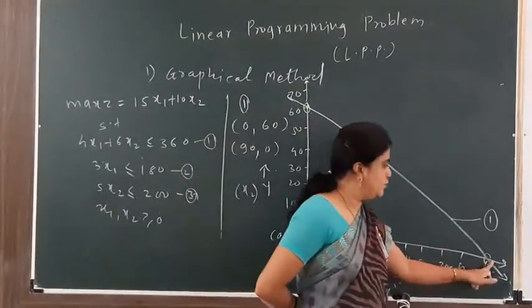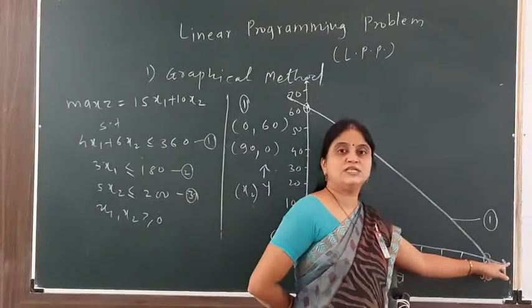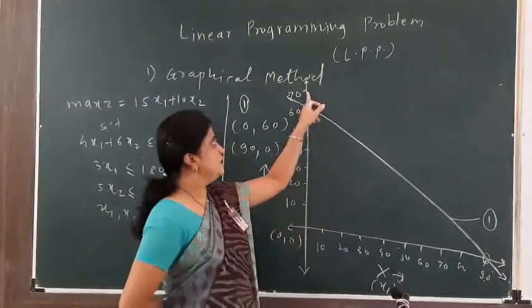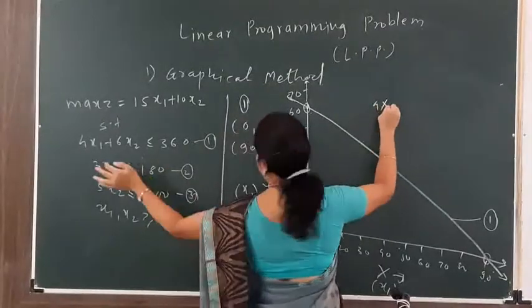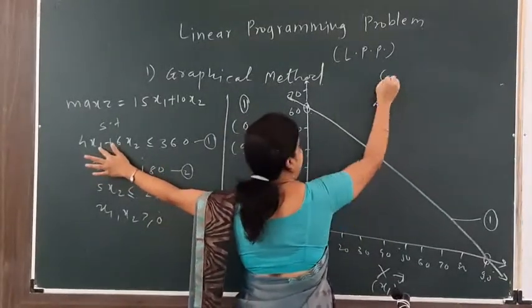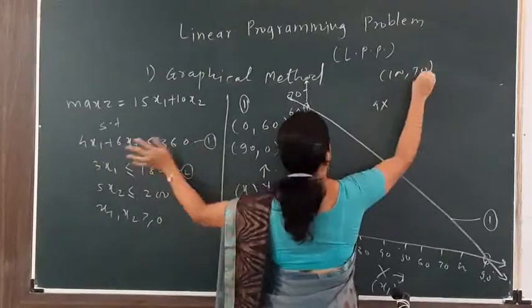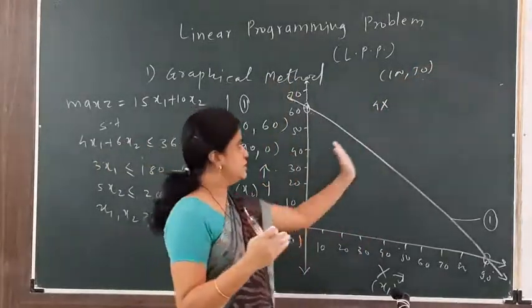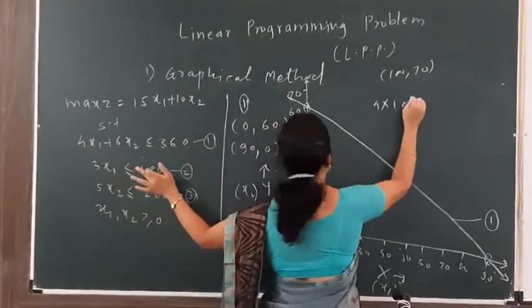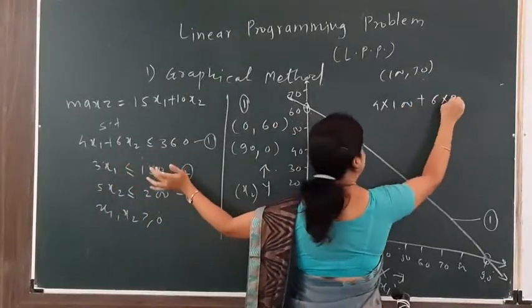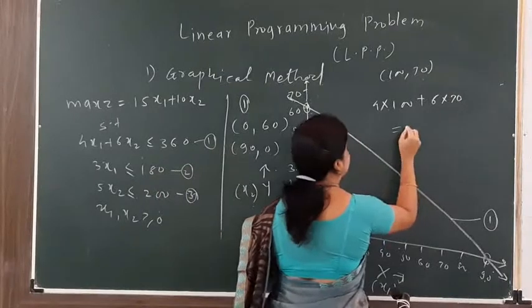Suppose I put the value as 100 over here, that is x1 is 100 and x2 is 70. So what about the point? See, I can put this value over here, 100, 70, which is above this line. Okay. So that means 4 into 100 plus 6 into 70. So what is the answer for this?